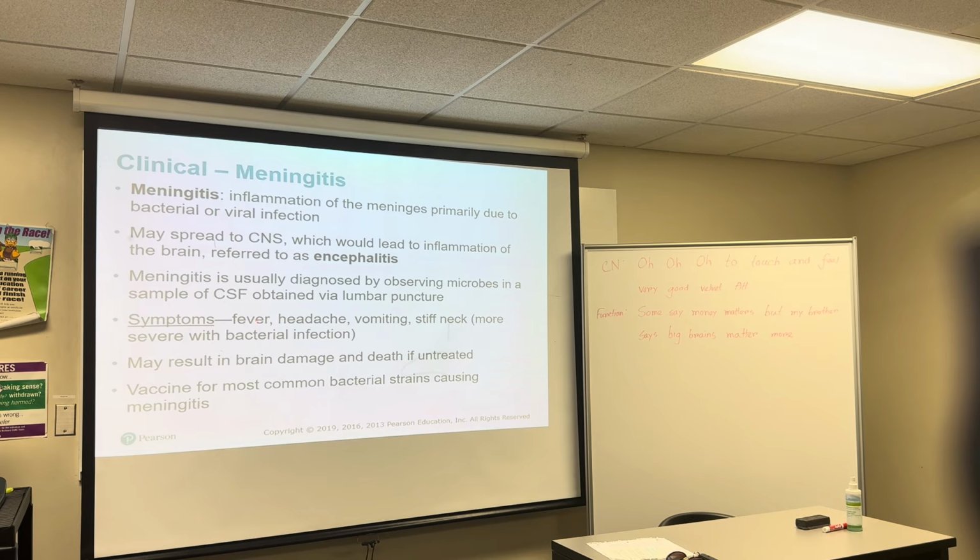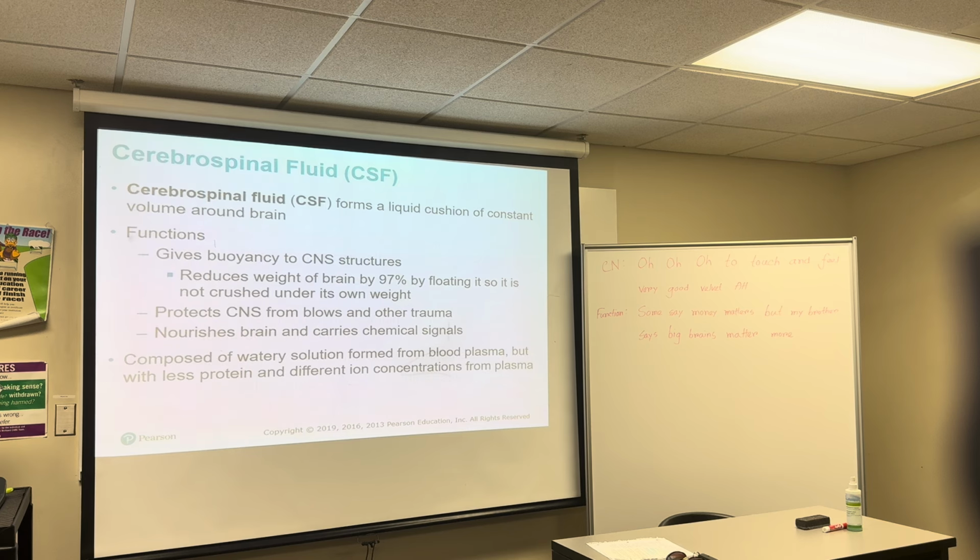And meningitis is usually diagnosed by observing the microbes in a sample of the cerebrospinal fluid obtained via lumbar puncture. So what are the symptoms? You have the fever, any kind of infection, you usually have the what? Fever, headache, vomiting, stiff neck. Okay, may result in brain damage and death if untreated. There is a vaccine for the most common bacterial strains causing meningitis. Okay, so make sure you take the vaccine.